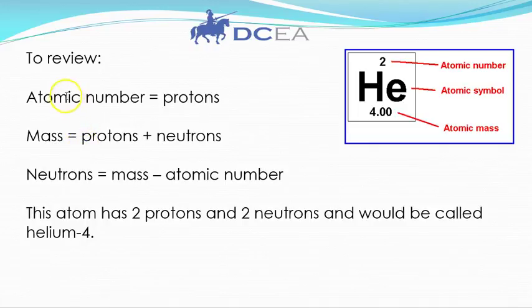To review, the atomic number equals the number of protons, and the mass equals the protons and the neutrons together. If you need to solve for neutrons, that would be mass minus atomic number. So this atom has 2 protons and 2 neutrons and would be called helium-4.